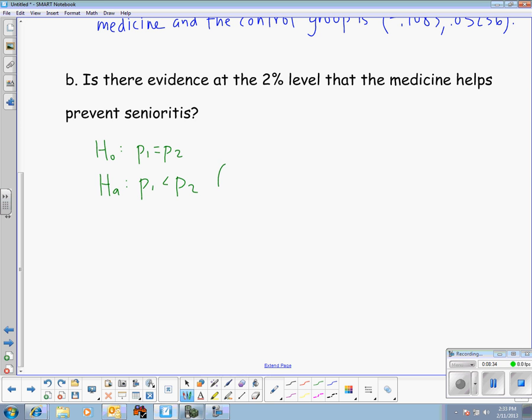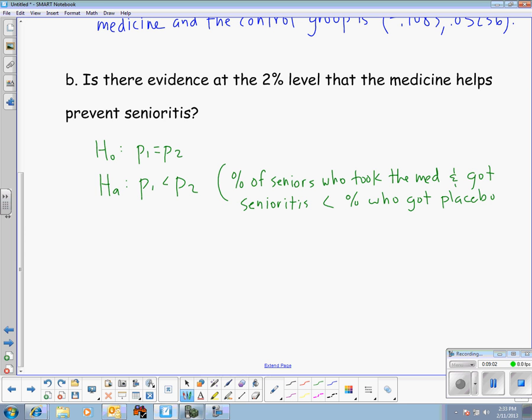All right, so this means that the percentage of seniors who took the medicine and got senioritis is less than the percent who got placebo and got senioritis. Sometimes it's good to put your alternate hypothesis into words.